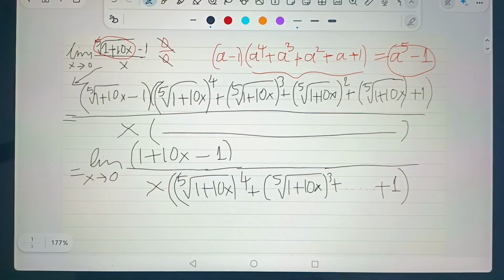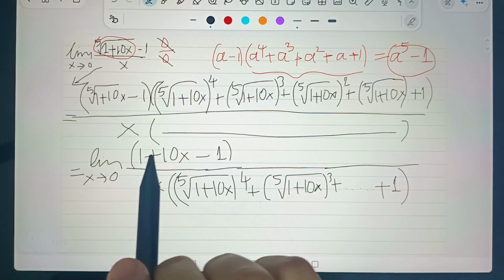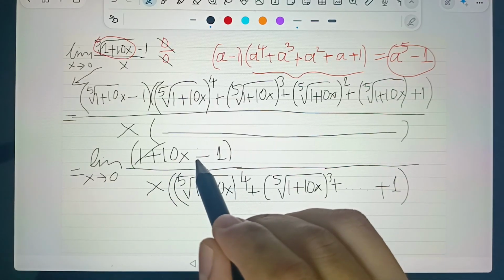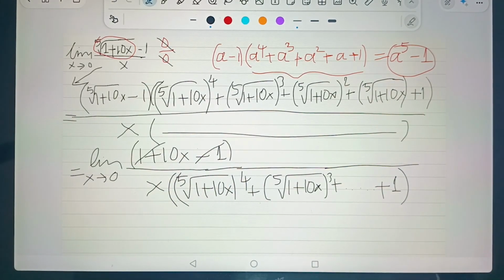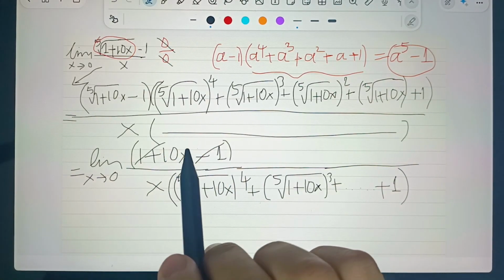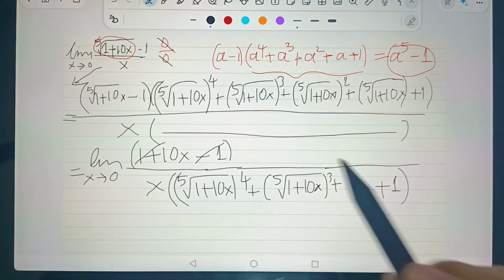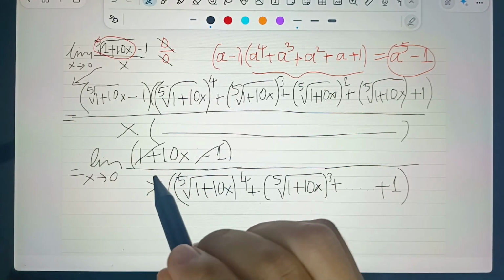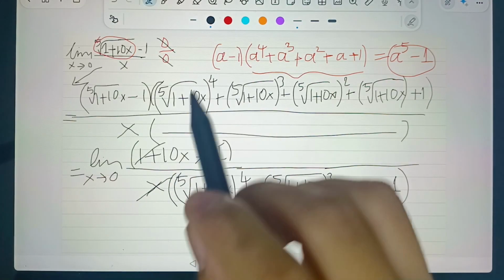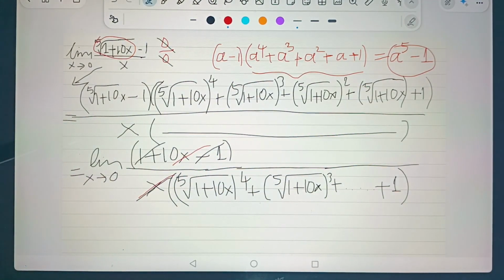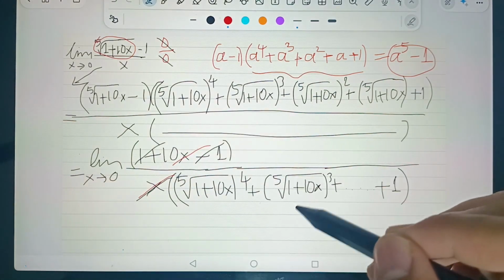Now we can see that in the numerator, 1 minus 1 cancel each other out, so we're left with 10x divided by x times this expression. So we can cancel x out. Now we're left with 10 divided by this whole thing.